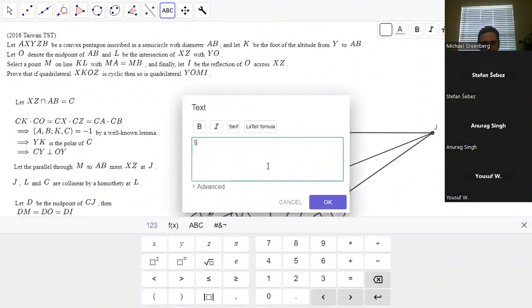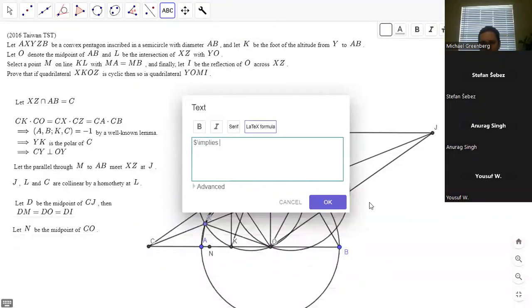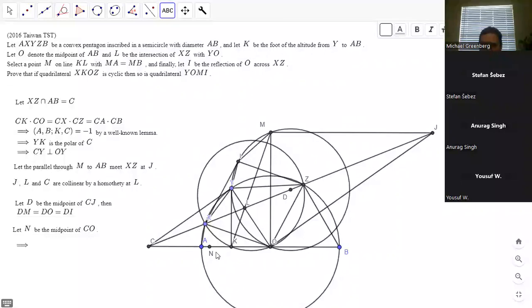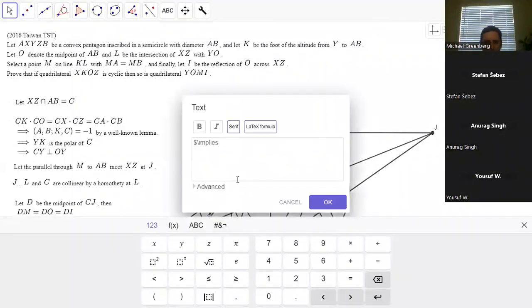ND actually. ND is parallel to OJ, right? Because N is the midpoint of CO and D is the midpoint of CJ, ND is parallel to OJ.